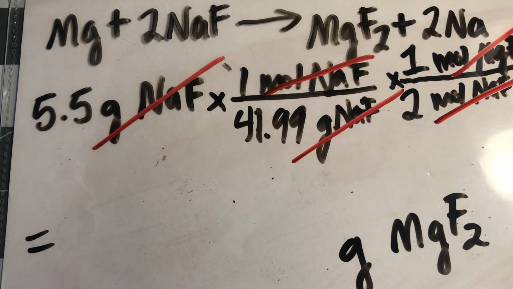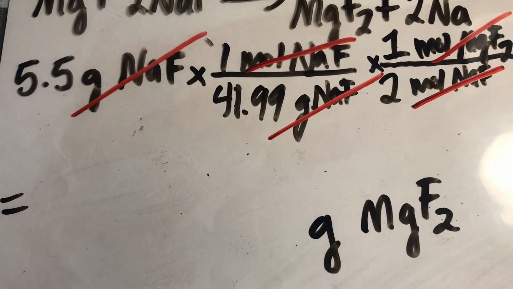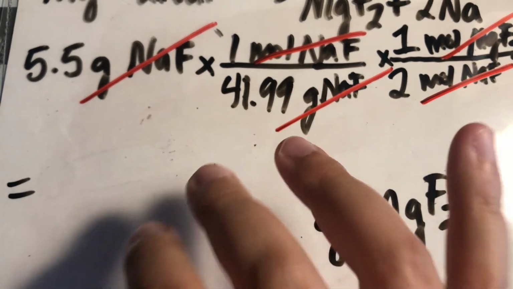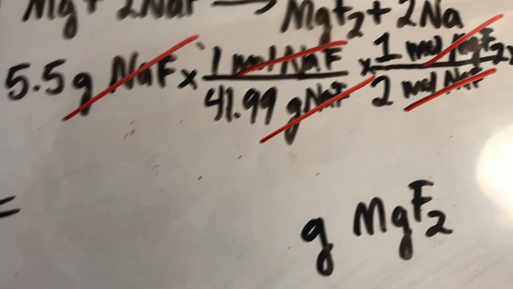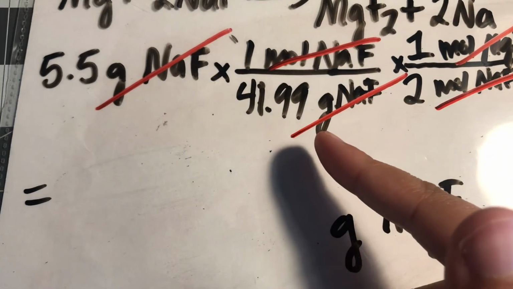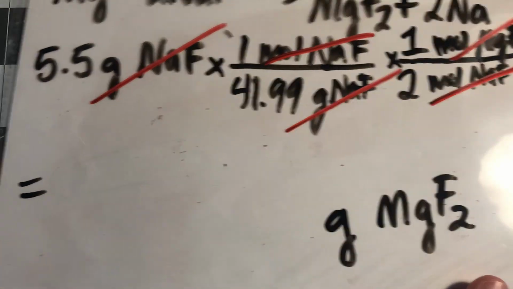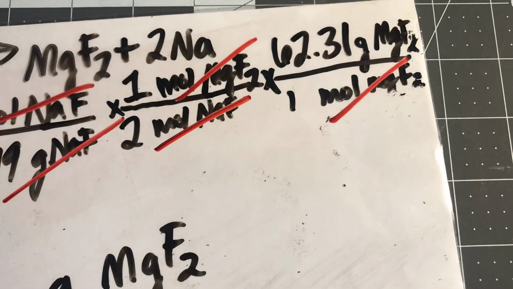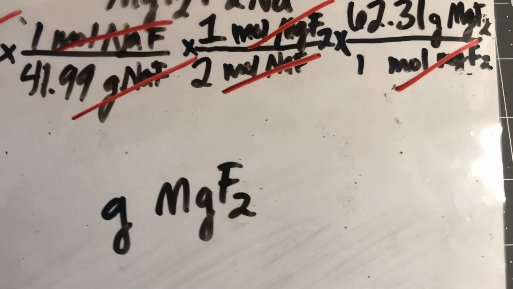So I highly recommend, even though this seems like a lot and extra as heck, that's Miss Green for you. I promise you, the more you do this, the more second nature it is, and the faster you can pump these out, and the easier you can see what your calculation mistakes are. Because if you have it set up like this, you can say, oh, I multiplied by 41.99 instead of divided, because I know this exact order of operations and values is correct because my units match up with my desired outcome.